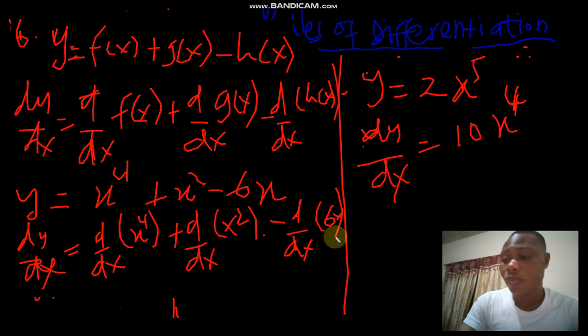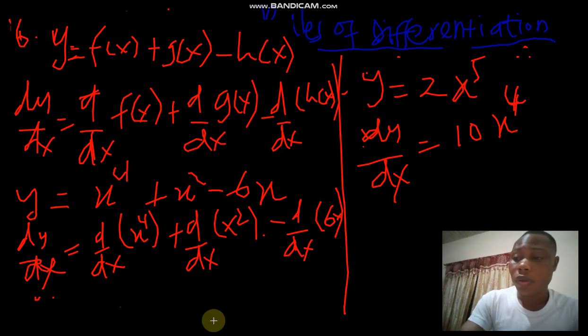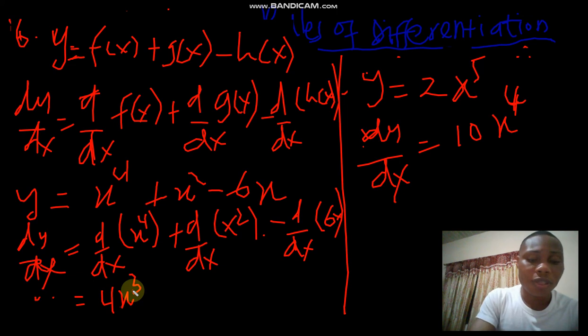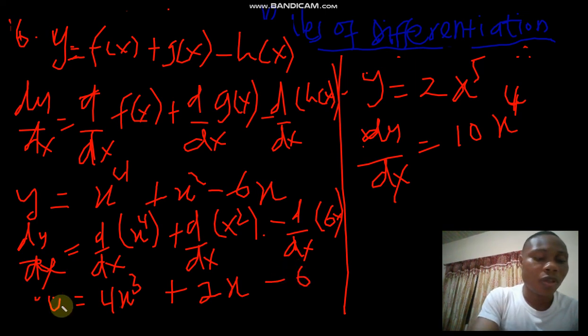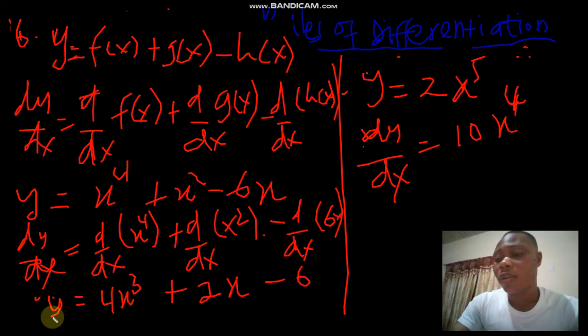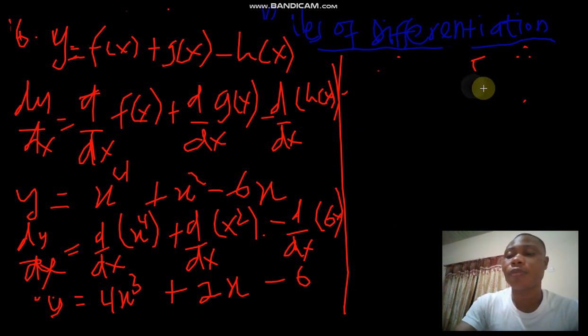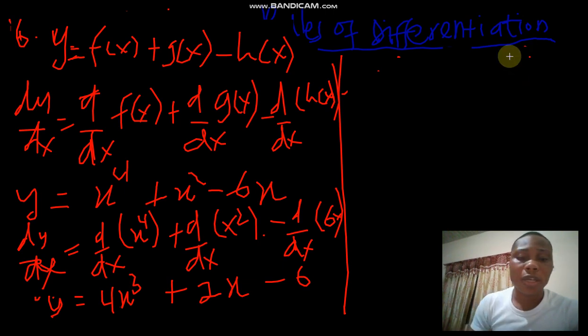Alright. And I'm going to do that derivative down there. Okay. And this one just gives me 4x to the power 3. Since you now know how to differentiate, I'm just doing it direct. Then this one gives me 2x. This one just gives me 6. Okay. So that is the term by term differentiation, or the addition and subtraction. So if I'm differentiating term by term, that's what I'm supposed to get. Okay. So these are the first 6 rules.